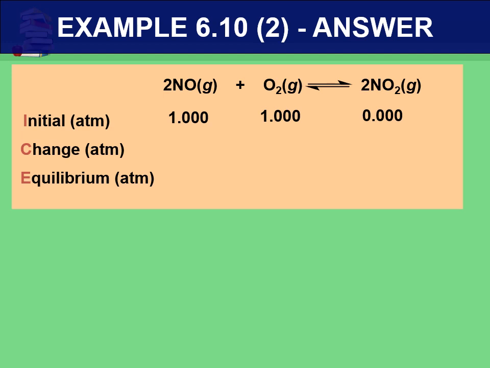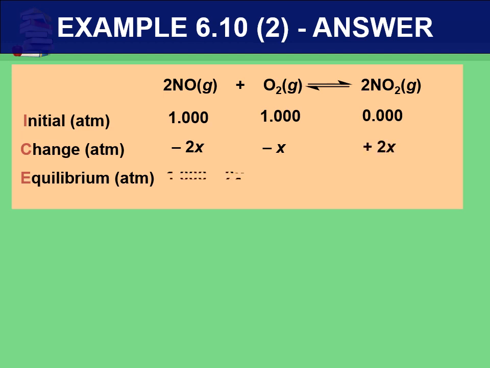Then we write the change by using x. So according to the stoichiometric coefficient of the balanced equation, for NO it is minus 2x, for O2 it is minus x, and for the product it is plus 2x.